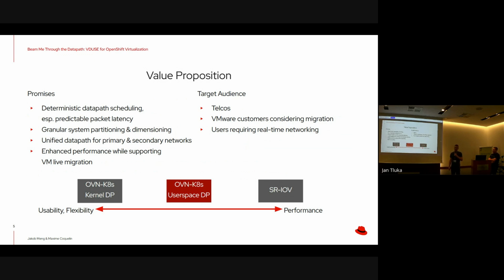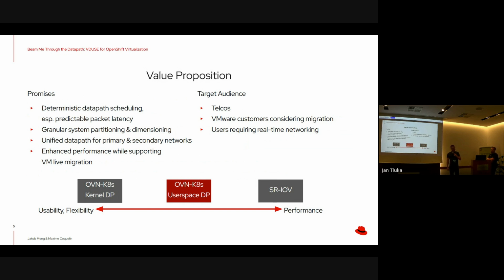In particular, live migration. If you think about our solution, it's in between OVNK and SR-IOV. OVNK is super flexible, provides a lot of features for the user, and it's easy to configure compared to SR-IOV. SR-IOV is on the other extreme, on the right side. It provides low latency and high performance, but for example, you lose live migration, or at least the way that you usually understand live migration.